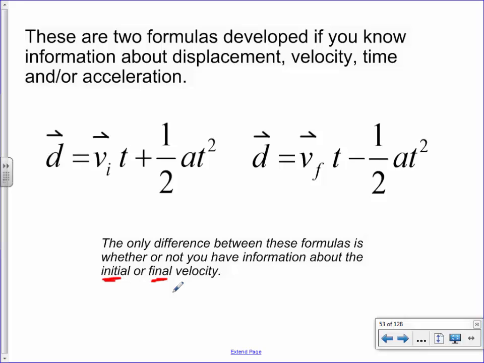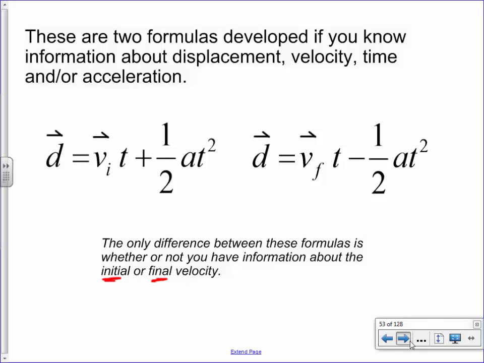For example, if you start at rest and speed up, your initial speed is 0. Or if you slow down, your final speed might be 0. So one of the hints I'm going to give you is that sometimes it may seem like you don't have enough information, but you may actually have a hidden number in the example, which is actually a 0.